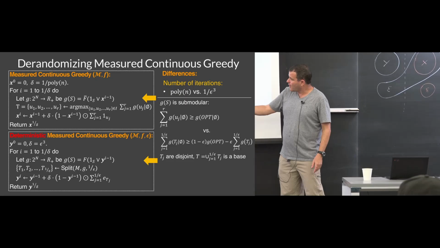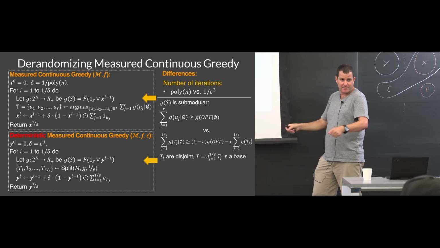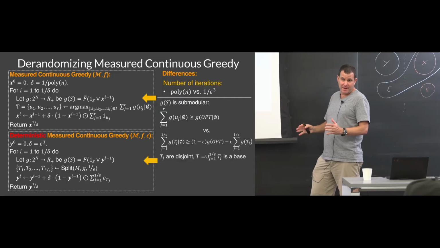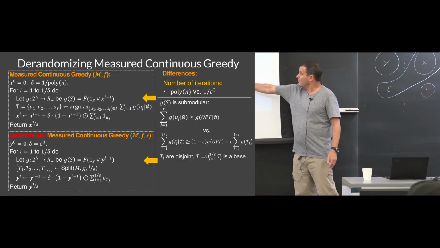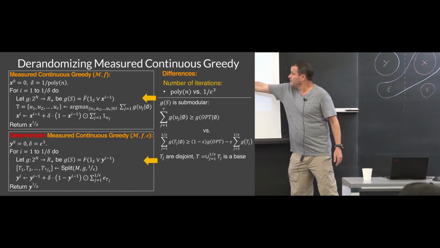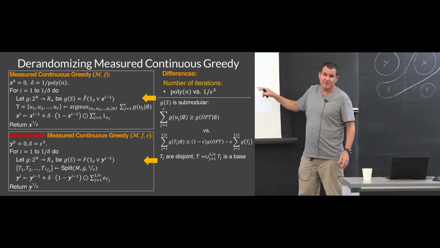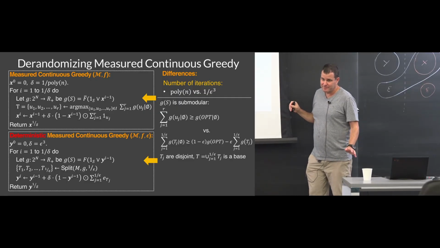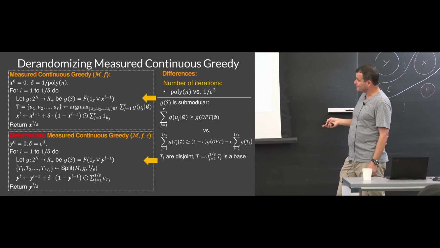So T_1 to T_{1/epsilon} are boxes that contain separate elements. The union is a base. And then we are able to prove that the sum of the marginal contributions of these is very similar to the guarantee that you get from R elements. And this is enough to prove everything.